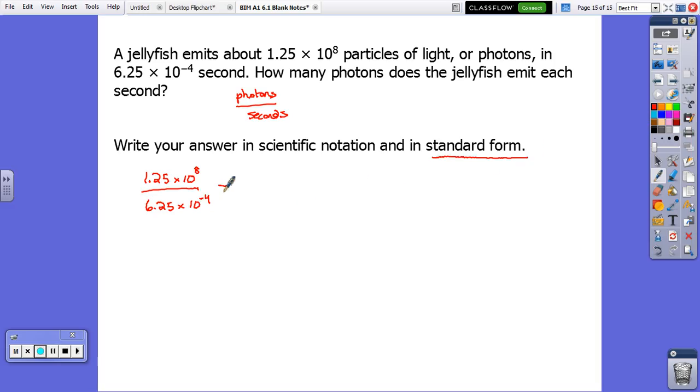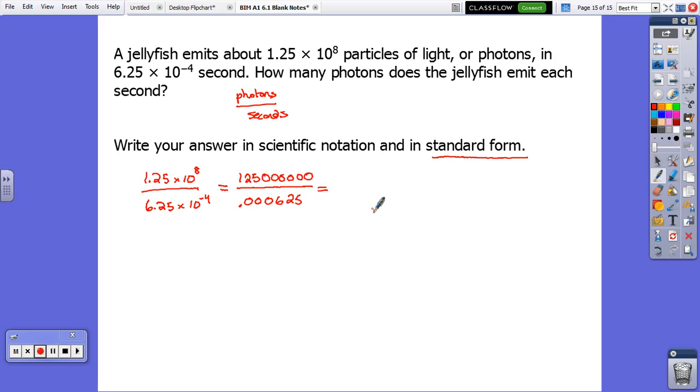Standard form is pretty easy. We can go ahead and, just to check it out, we're going to try it this way. If you take 1.25 times 10 to the 8th, you're going to move your decimal place to the right 8 places. So there's 2 places. There's 2 more, so we're at 4, 5, 6, 7, 8. And negative 4th means we're going to move our decimal place to the left 4 places. So we're going to move it to the left, and so we'll be at 0.000625, that's 1 place, 2, 3, 4.